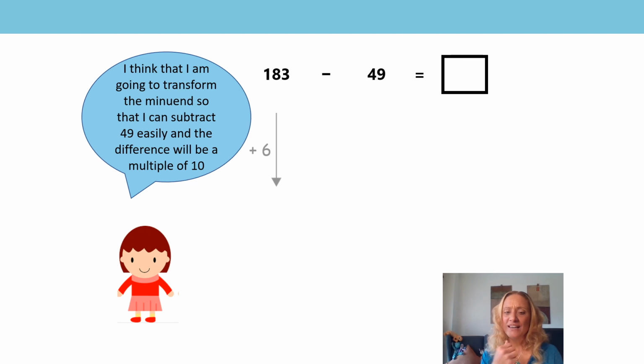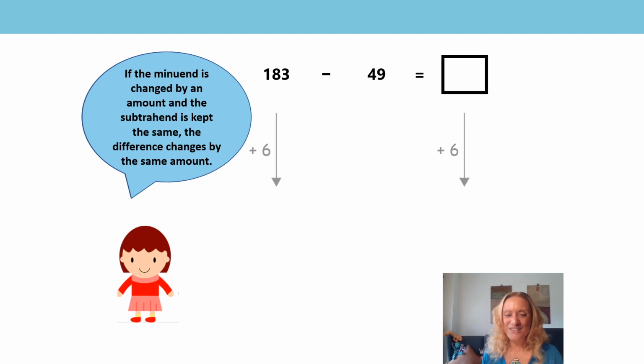Hang on a moment though, if she's using the strategy that you used in the last lesson, then what's the stem sentence? What's the generalisation that we need to remember? If the minuend is changed by an amount and the subtrahend is kept the same, then the difference changes by the same amount. Fantastic. So Ellie has decided to add 6 to her minuend, and this would make 189.